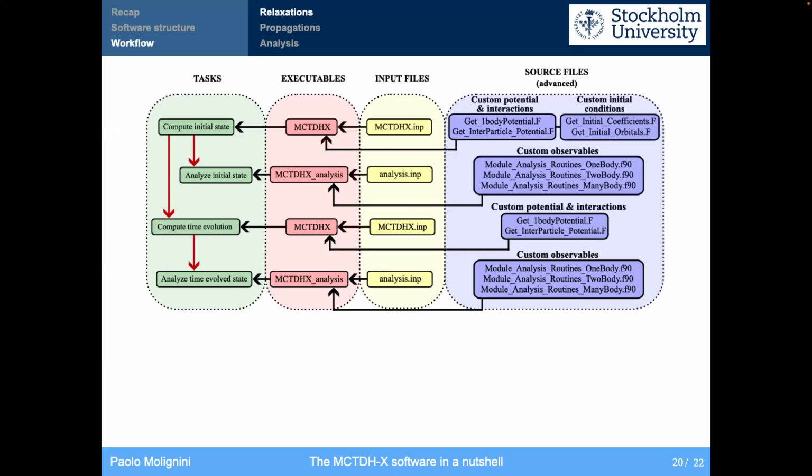Then you use that to do the time evolution. So you rerun the executable with the new state. It's important to remember to modify certain variables in the input file that I'll show in a moment. Then you run this time evolution, and after that you can analyze it and extract observables from the many-body state.